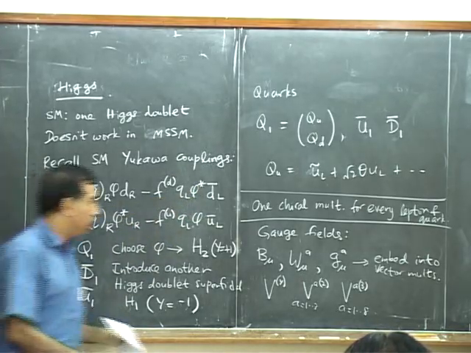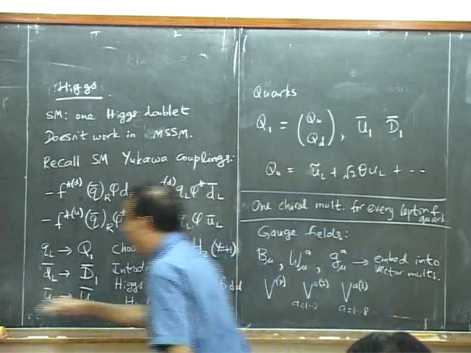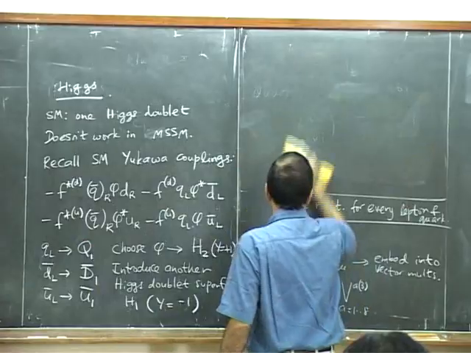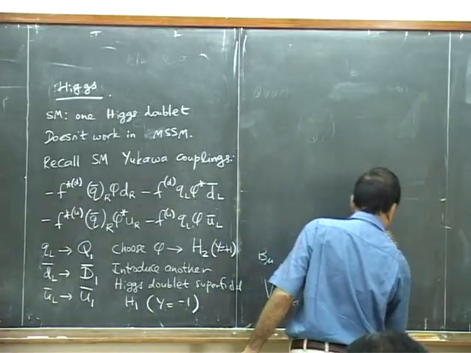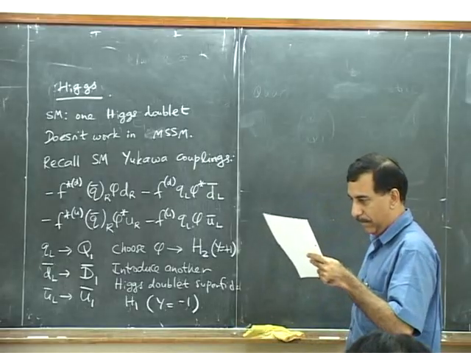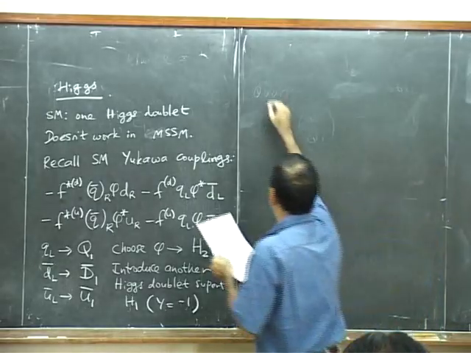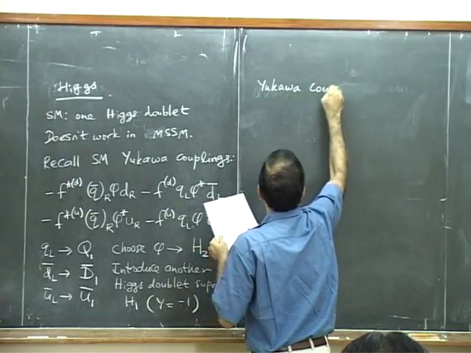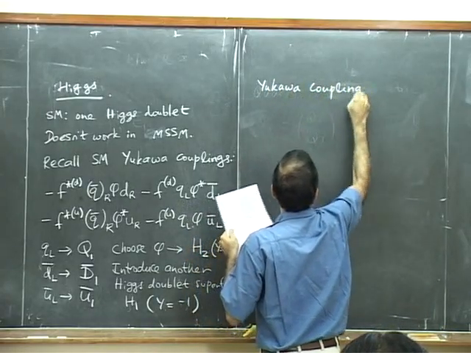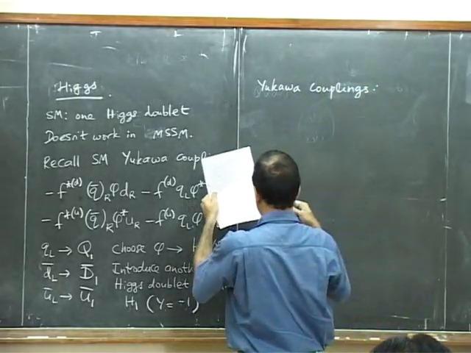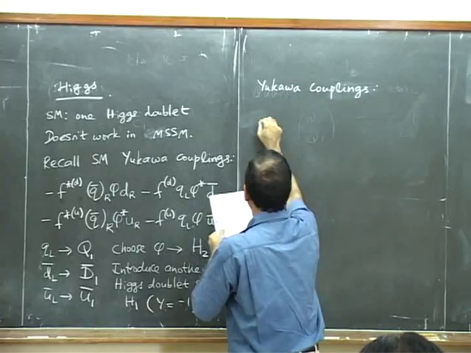And so therefore, our complete list of Yukawa couplings turns into, I'm only writing the quark case, you can easily read off the electron case. So let's write it first and then see how it works.